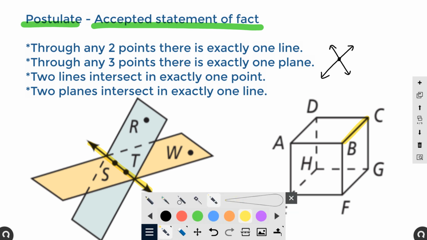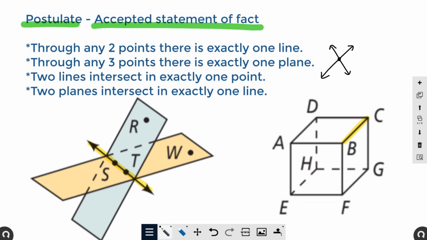So if we're trying to name the line that they form, if you're talking about this plane on the right side, you can name it BFG, and the plane on the top, ABC. Where do they come together? They come together at line BC. Now, on this picture, does this look like a full line?